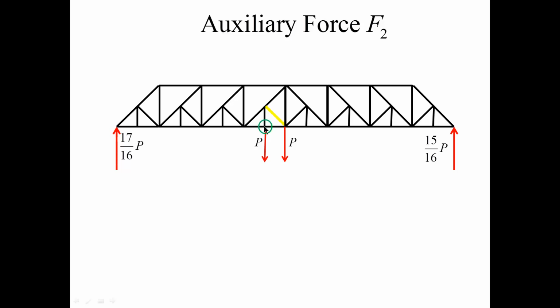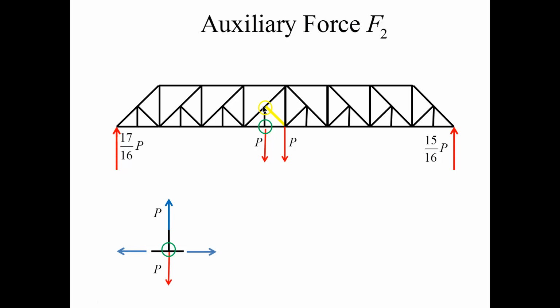The first joint is this one, and it is clear that the free body diagram for this joint and projection of the forces along the vertical axis will tell me immediately that the force in this bar is equal to P, and it is tension. Once I determine this force, I will proceed to this joint.